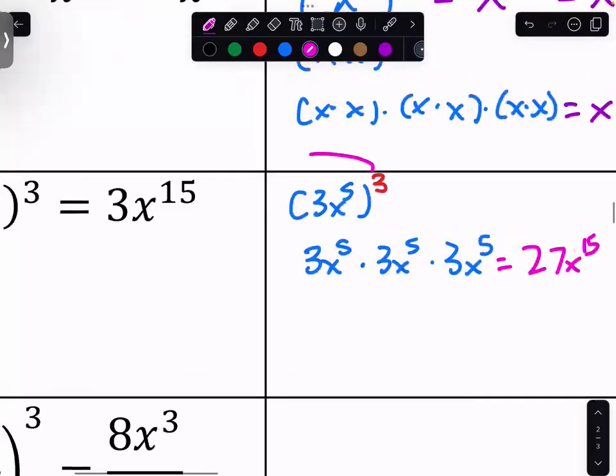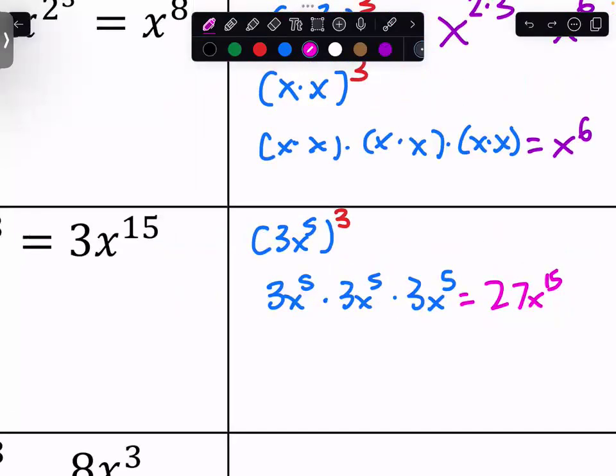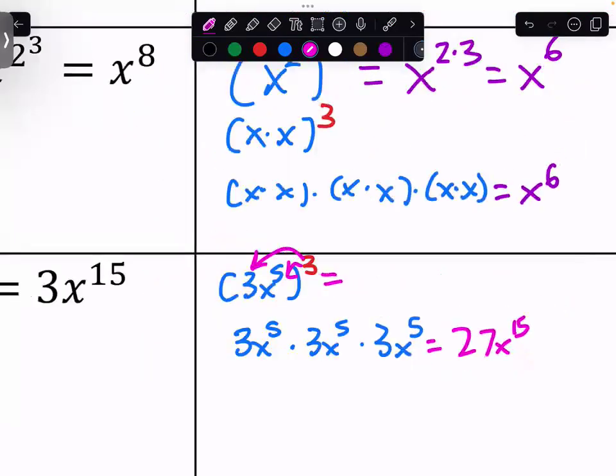Looking back at the original problem, it seems that this exponent not only affects the x, it also affects the 3. So the 3 gets the exponent, and the x to the 5th also gets that exponent.